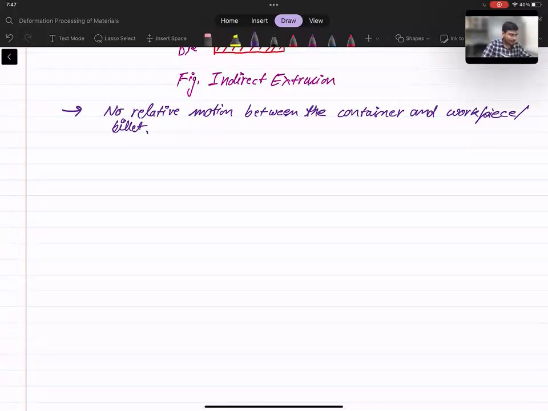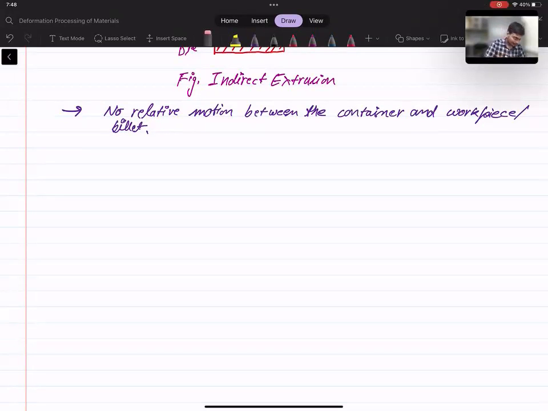So due to this, the forces are also lower, and ultimately the power which is required for this extrusion process is also lower than that of the direct extrusion process. But this itself becomes a problem here. This is the benefit that lower power is required, but ultimately to carry out this operation we will need complex rams, like hollow rams, which will limit the maximum reduction in thickness which can be achieved through this particular operation.